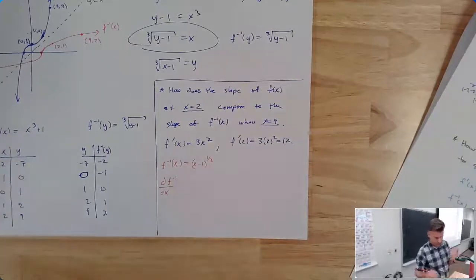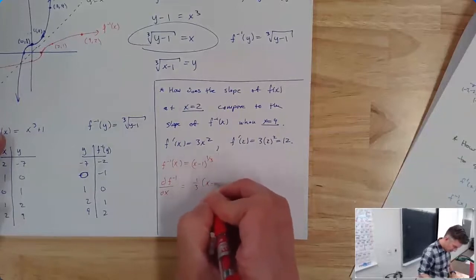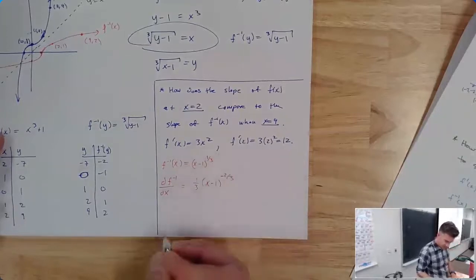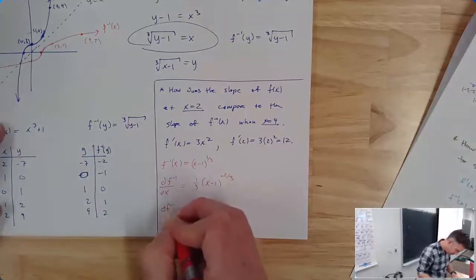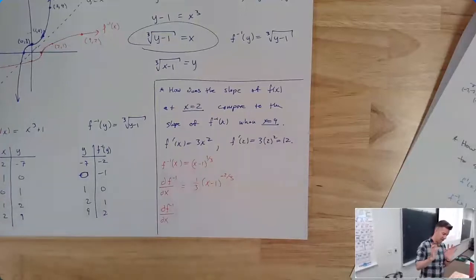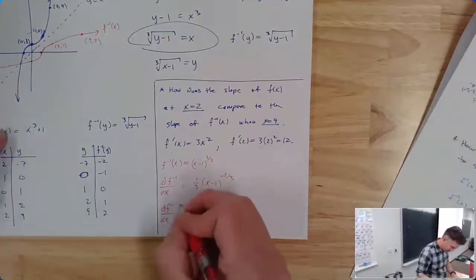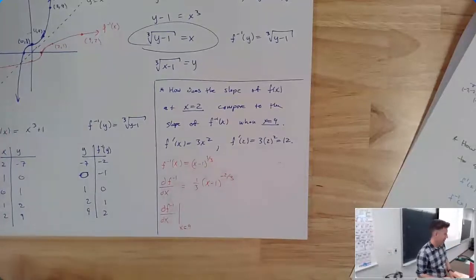So the derivative here is going to be 1/3 times x minus 1 to the negative 2/3, times 1 if you want to think about the derivative of the inside stuff, but no big deal. Now if I plug in, I'm not going to write df inverse dx parentheses of 9. I'm going to write evaluated at x equal to 9. Or a professor might say at y equal to 9.